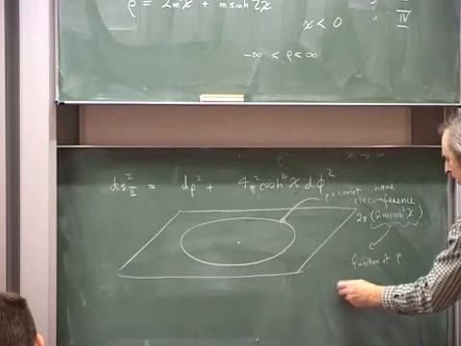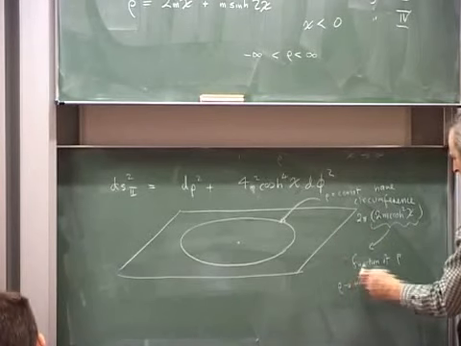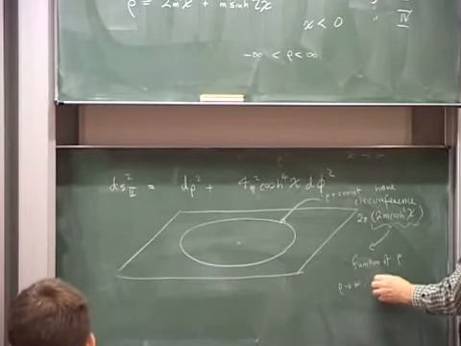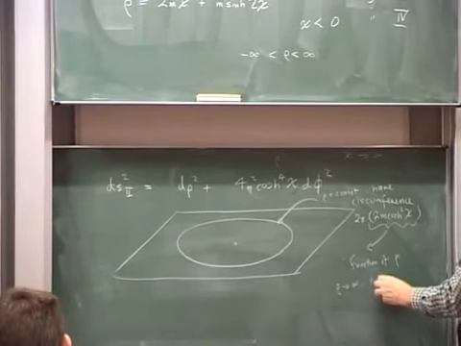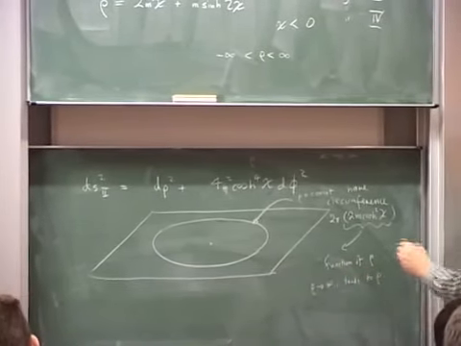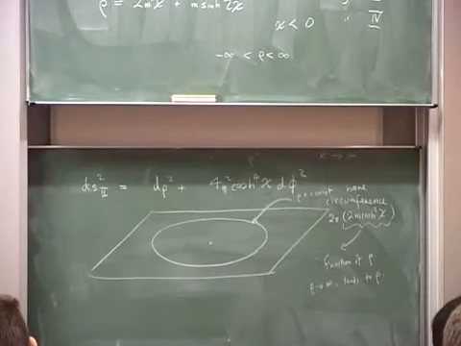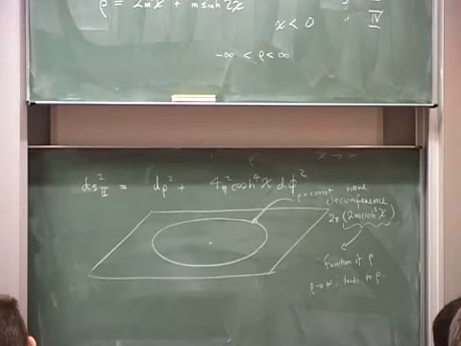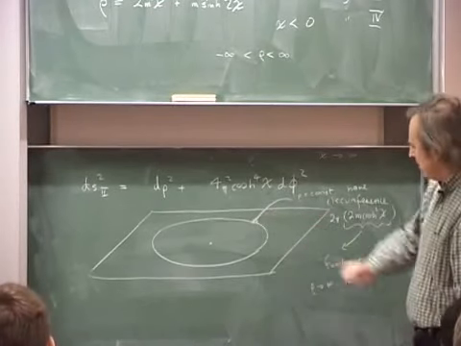And we know that for rho large, this looks just like rho. So this basically is a measure of what's happening.